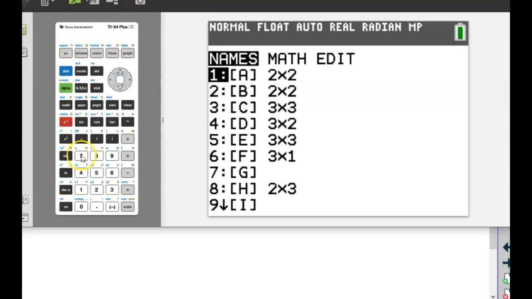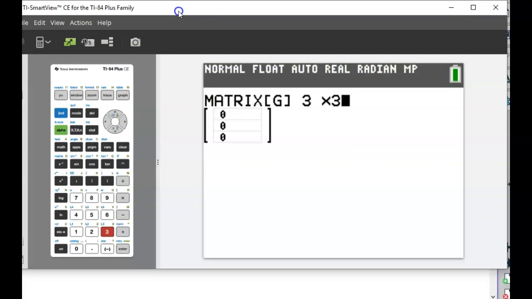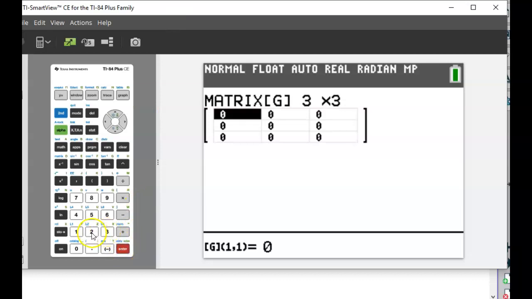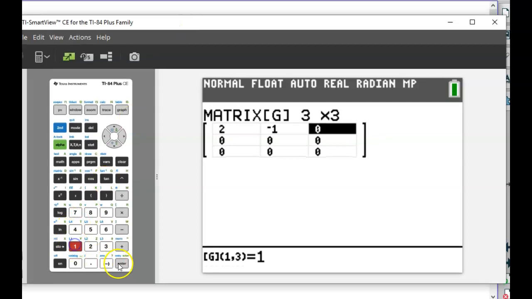Okay, I'm on matrix 7, maybe. 3 by 3. 2, -1, 1. Last row, 4, 3.